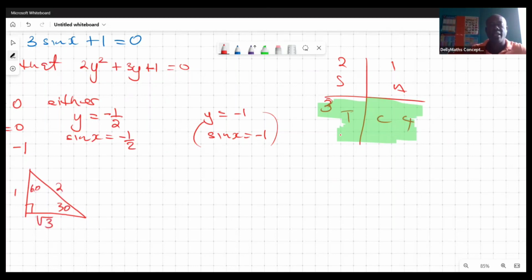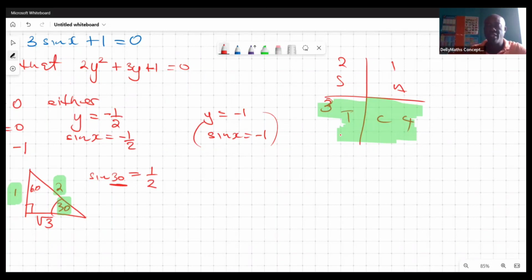We could see that the sine of 30 will give me a half. So sine 30, which is opposite over the hypotenuse, is 1/2. So this is 30 here. So sine of 30 would have given me 1/2. So this is the acute angle that I'm going to use to relate to the responses. But remember, at the end of the day, I need negative 1/2. So that is why I'm going to go into quadrants where it is negative.